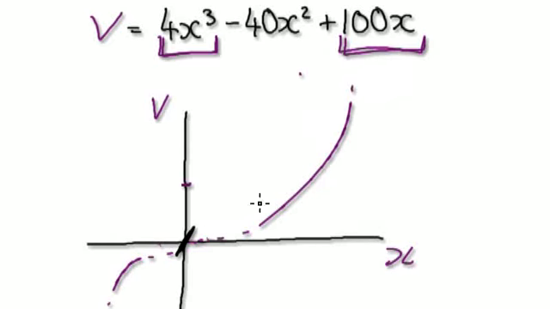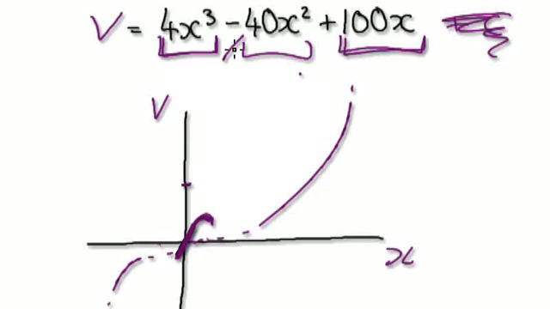So it goes through the origin because there's no intercept here. Okay, so it goes through the origin, gradient of 100, so it's pretty steep, and maybe give it a bit of a negative quadratic here, because of this. Just a tiny bit. So when it's big, it wants to do a positive cubic.